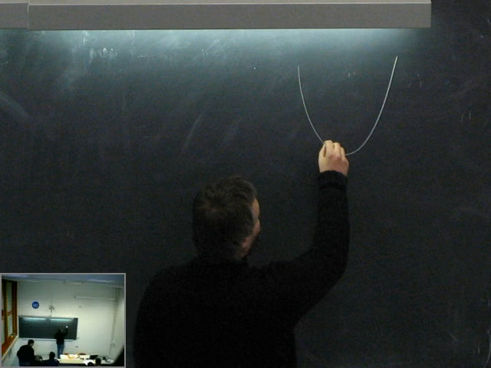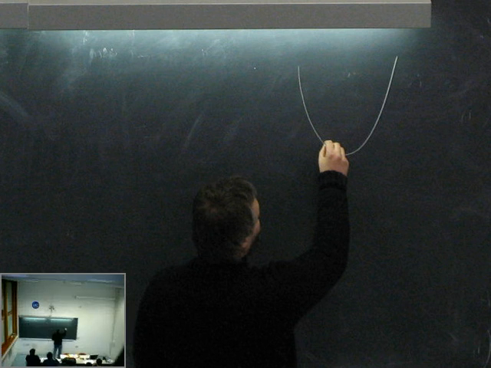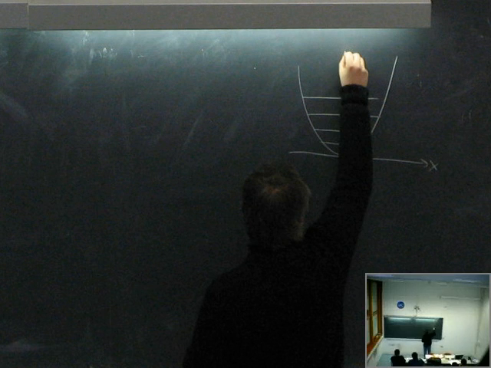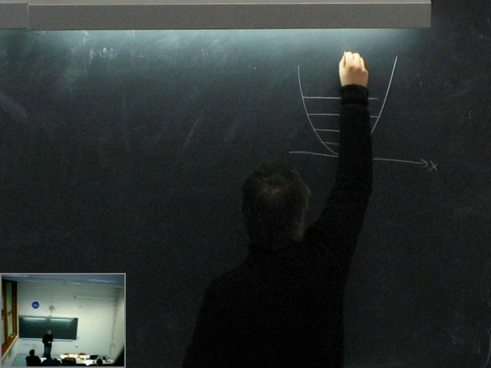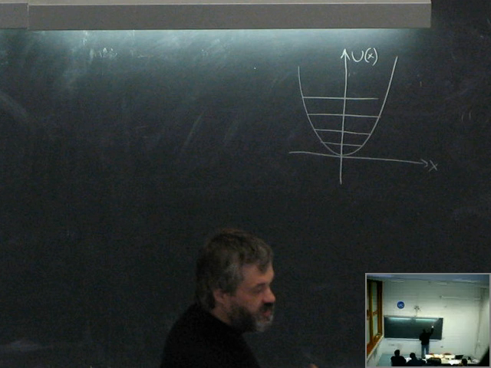But the trap itself is a kind of confinement potential. For example, a parabolic potential, if we are talking about a one-dimensional system. Suppose this is the coordinate and this is U(x), and then a particle will condense not at the state corresponding to k equal to 0, but at the lowest energy state of the potential.